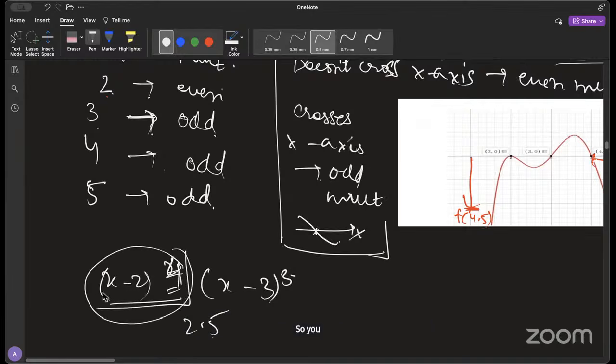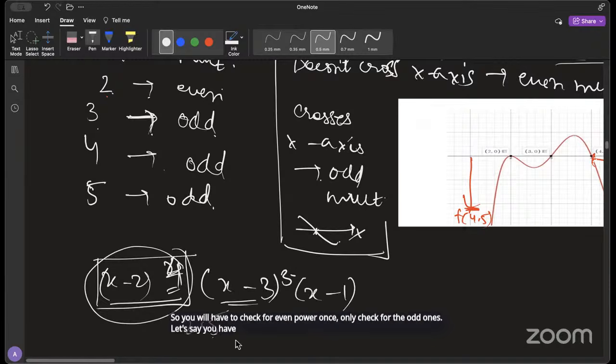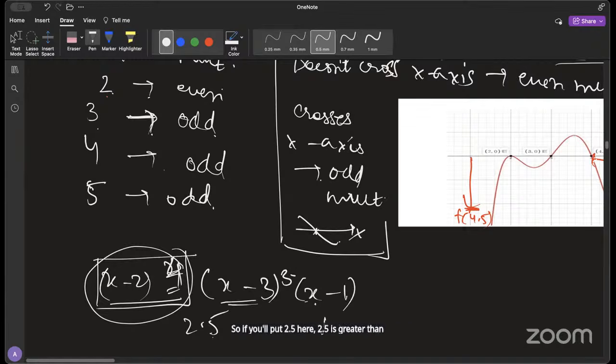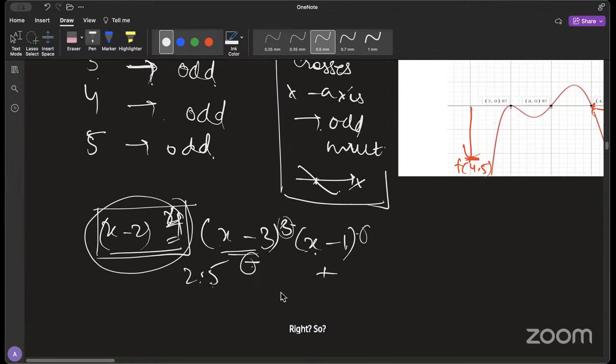So you don't have to check even power ones, only the odd ones. Let's say you have x minus 1 here as well. If you put 2.5, it is greater than 1, so that's positive, and 2.5 is less than 3, so that's negative. Negative to an odd power is negative only. That's why we check odd powers. So the entire sign is going to be negative.